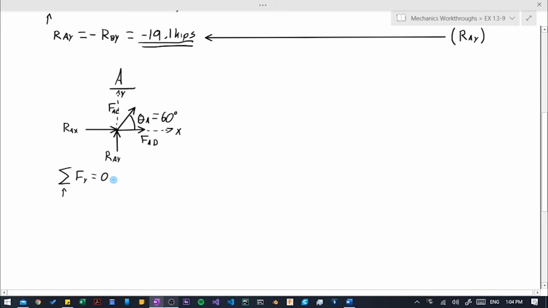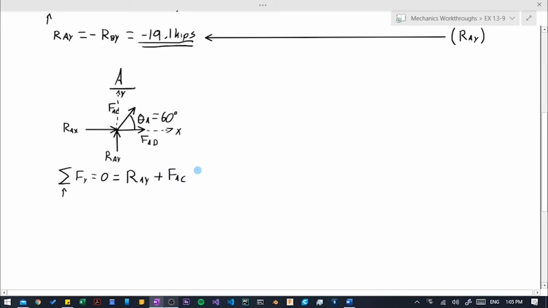All right, so we have our reaction force at A in the vertical direction, and it's in the same direction as that we defined as positive. And we also have our member force AC, which has a component in the y direction. And they are both in the positive direction.